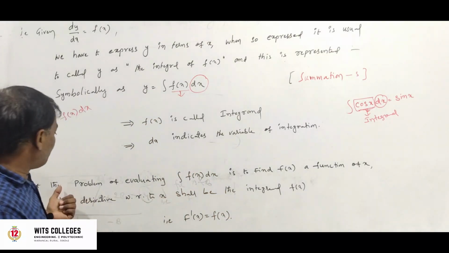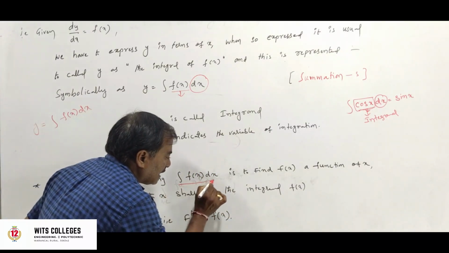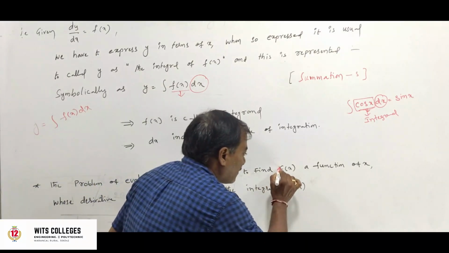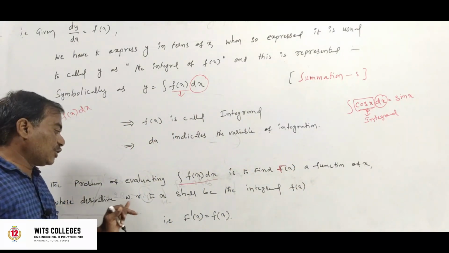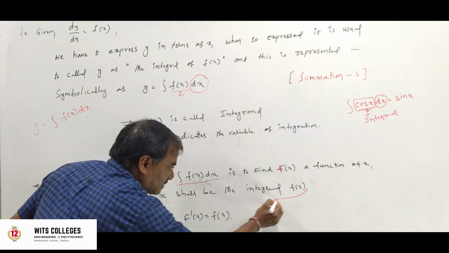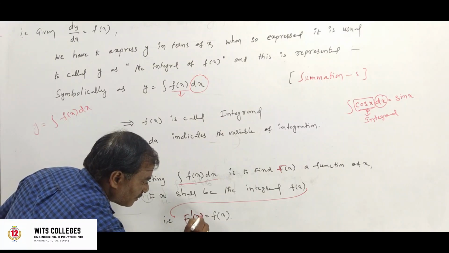The problem of evaluating integral f of x dx is to find a function of x whose derivative with respect to x is the integrand f of x, that is, F dash of x equal to f of x.